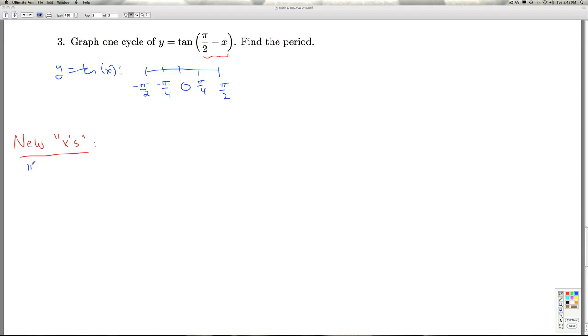So I'd set pi over 2 minus x equal to negative pi over 2. Pi over 2 minus x equal negative pi over 4. Pi over 2 minus x equal to 0. Pi over 2 minus x equal pi over 4. Pi over 2 minus x equal pi over 2.